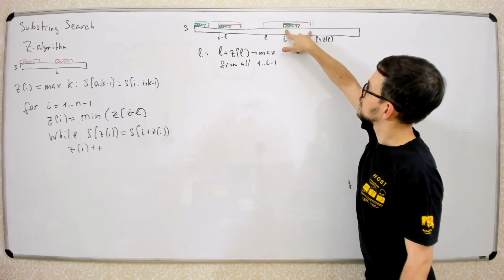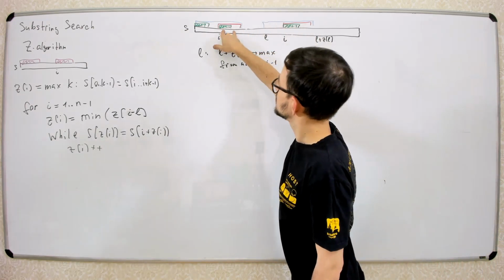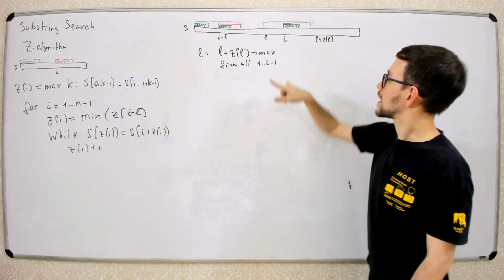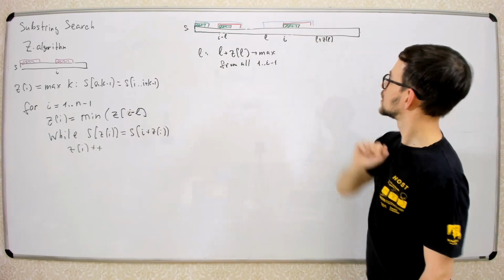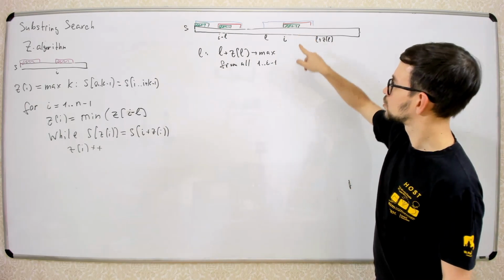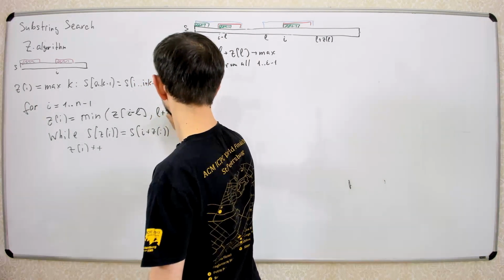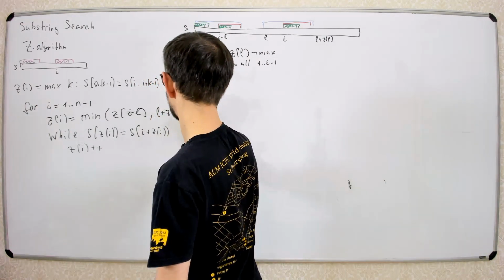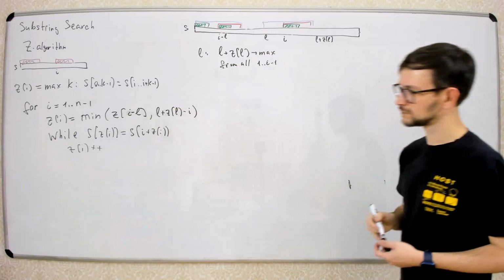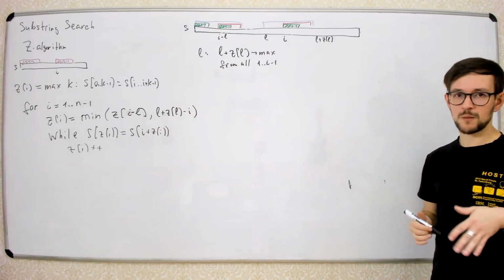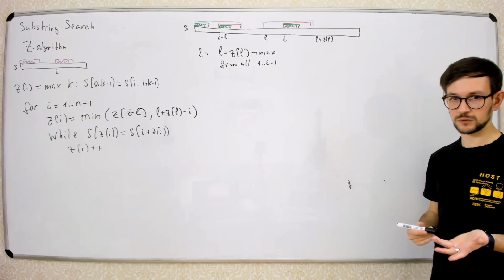So all these characters equal to these characters, and these characters equal to these characters. So I cannot skip more than these many characters. So I want to skip at most L plus Z L minus I characters. So this is the maximum number of characters I can safely skip.